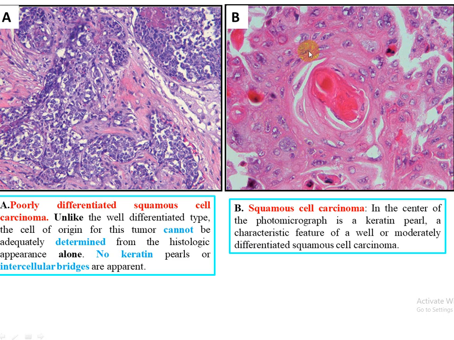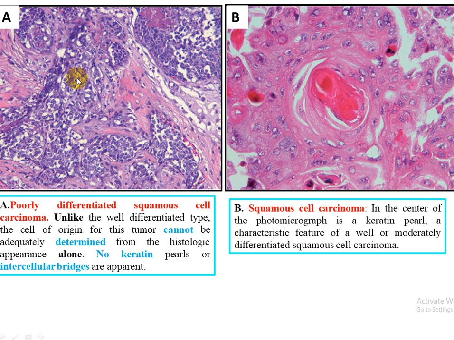This type of tumor mostly occurs in the skin, the respiratory tract, or the esophagus. In contrast, figure A is characterized by completely undifferentiated neoplastic cells, hypercellularity and hyperchromasia, no keratin pearls, and high invasion of surrounding tissue.